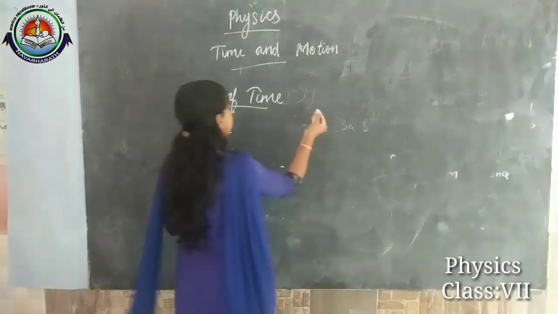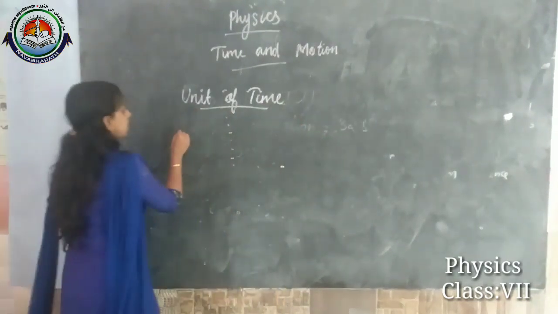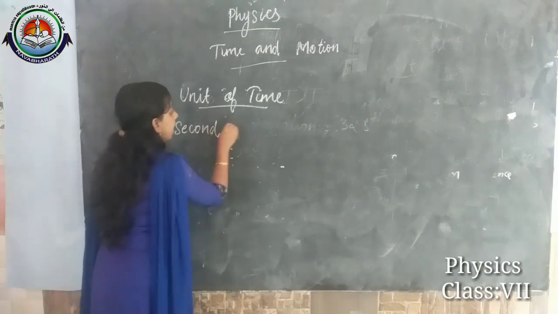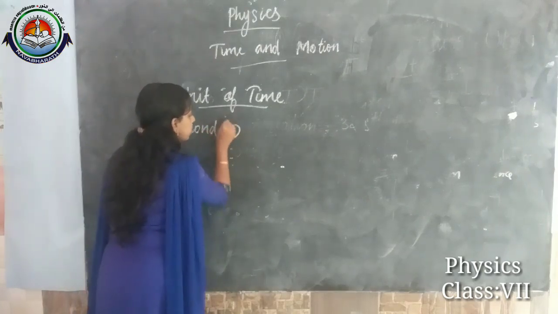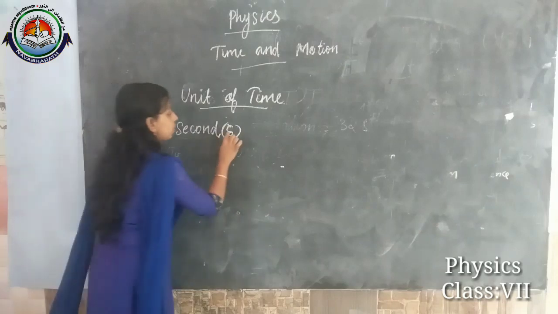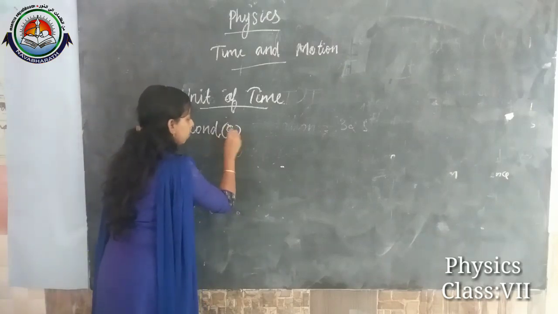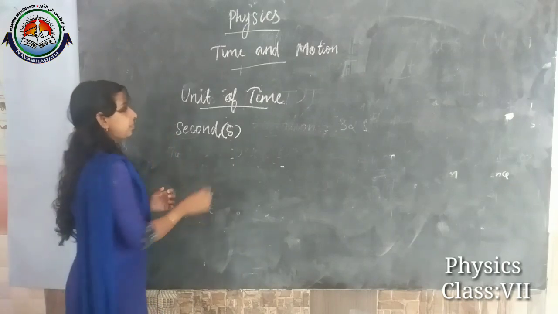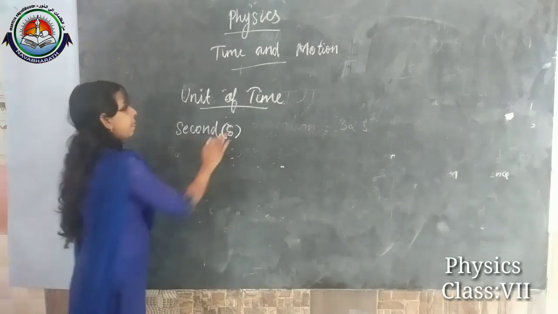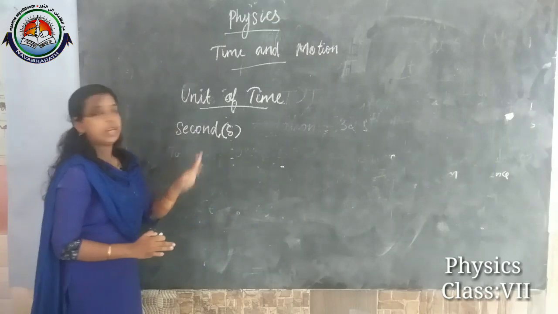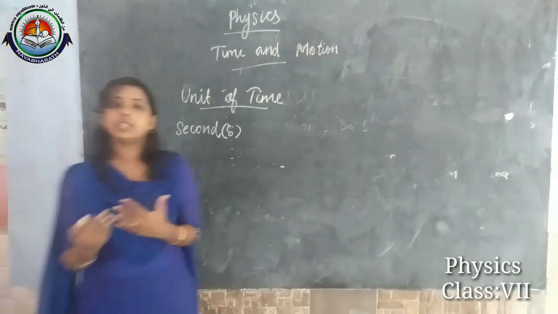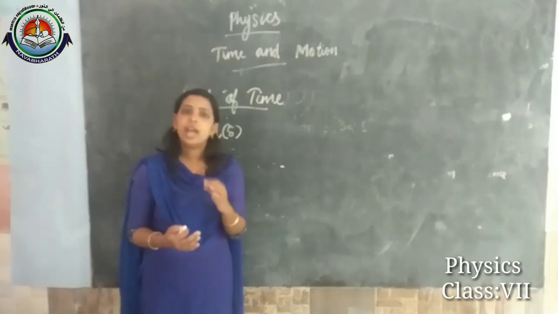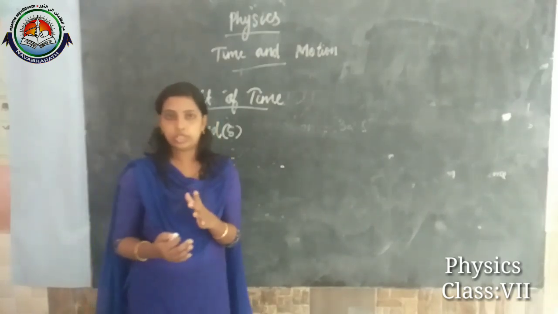The SI unit of time is second, and it is denoted by the small letter s. This second is the standard unit of time, and at the same time it is a small unit, right?